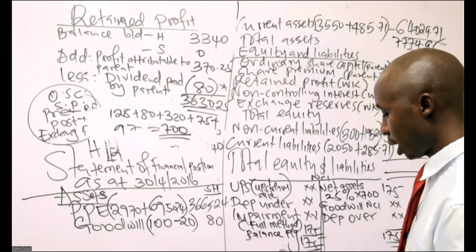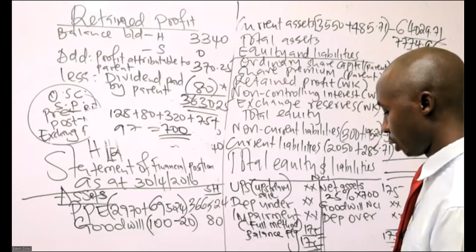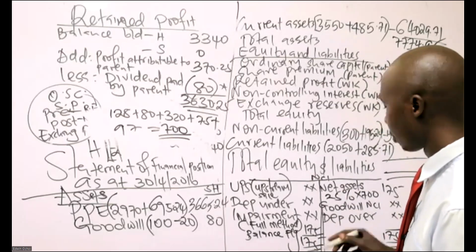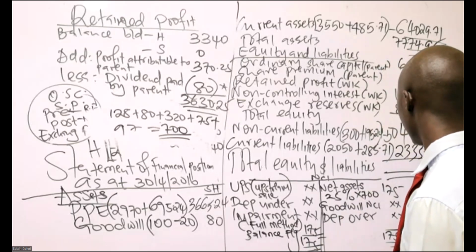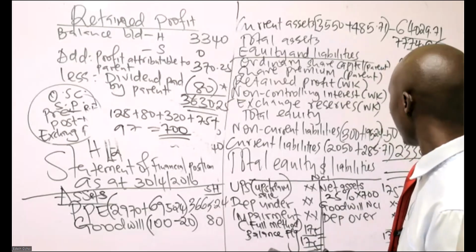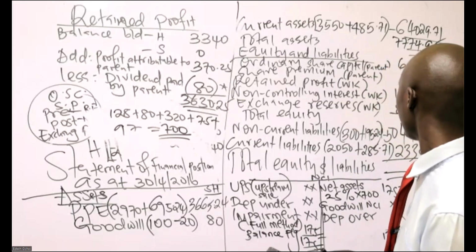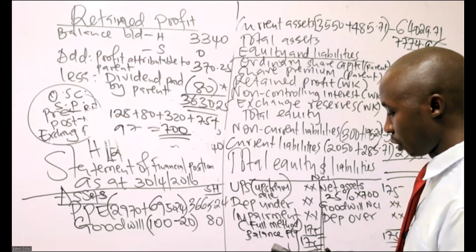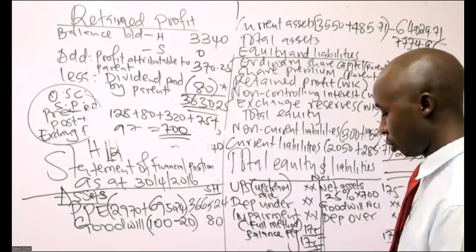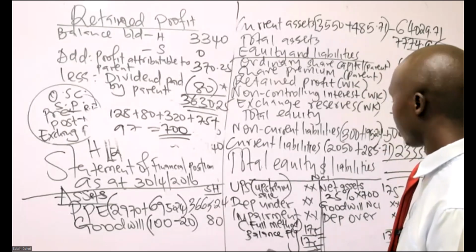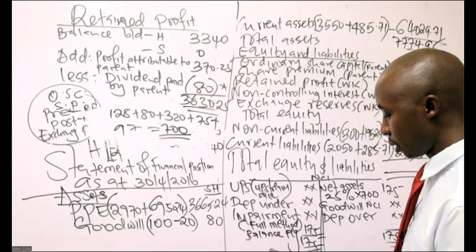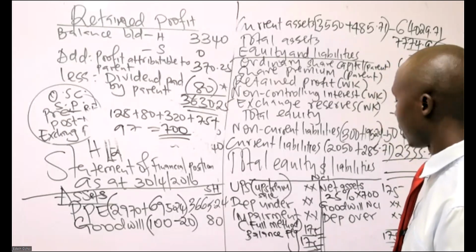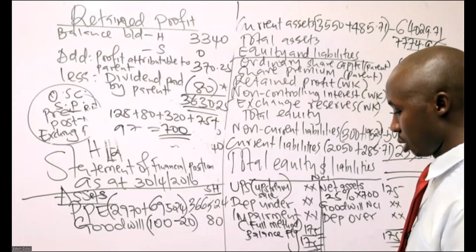Then 2050 plus 285.71 is 2335.71, plus 445.24 plus 88.75 plus 175 plus 1100.